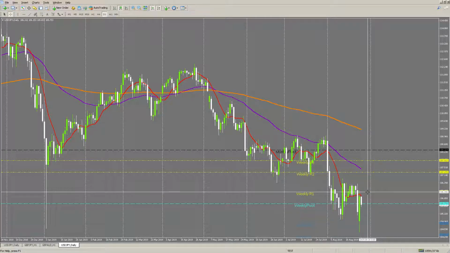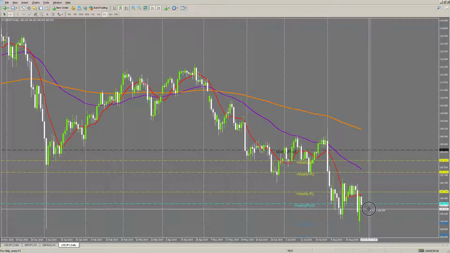Since then, it has pulled back to the weekly pivot area, and there could be some remaining short-term bullish bias that could help to push the dollar yen back up to retest the recent highs.